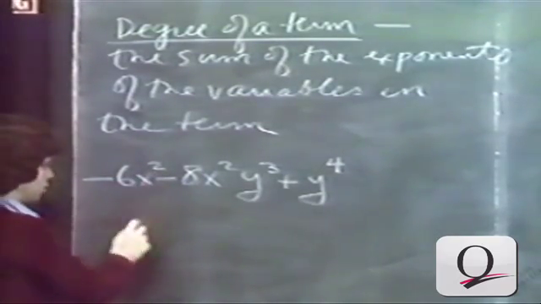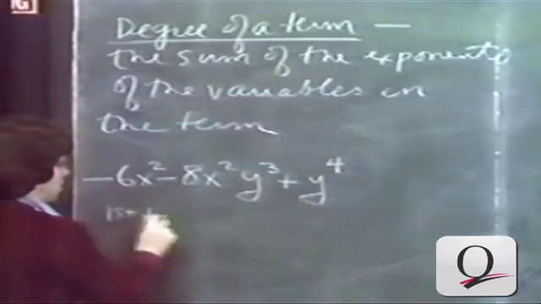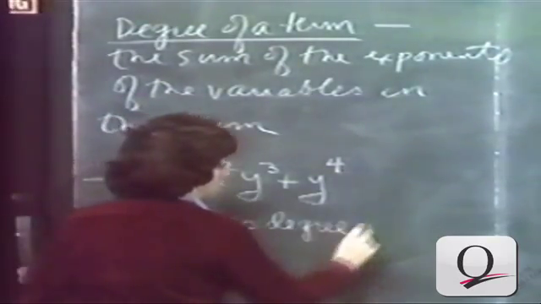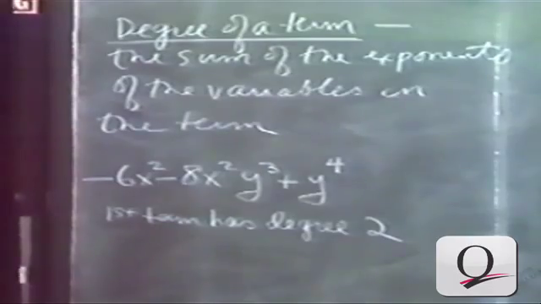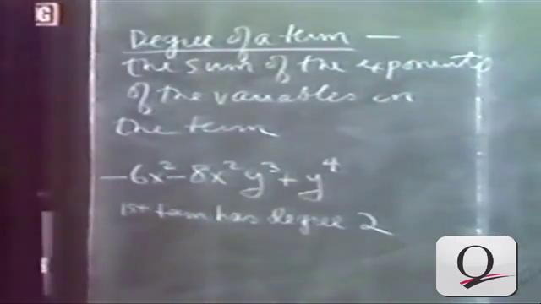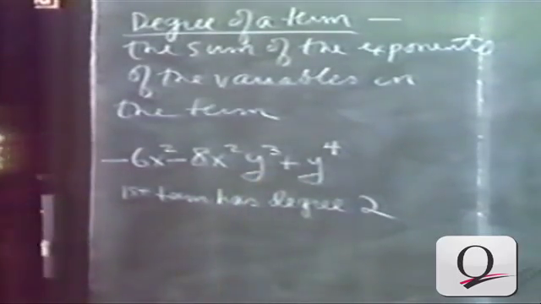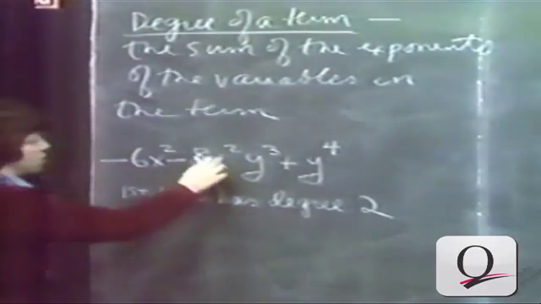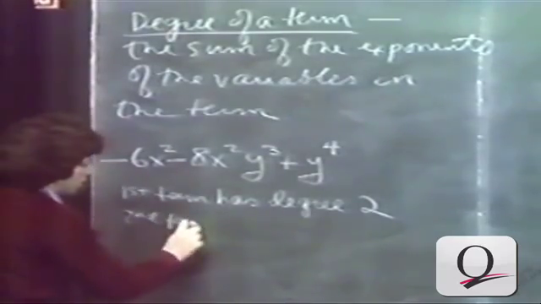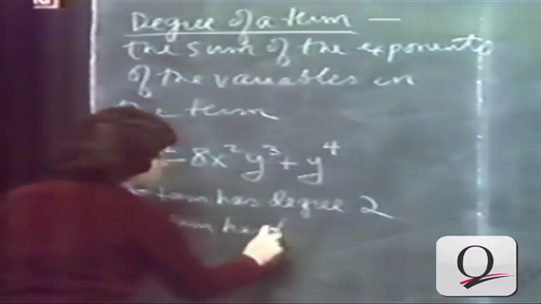The first term has degree 2. The second term here, the minus 8x squared y cubed, has two variables, x and y. We add up the exponents of the variables, 2 plus 3, so we see that the second term has degree 5.